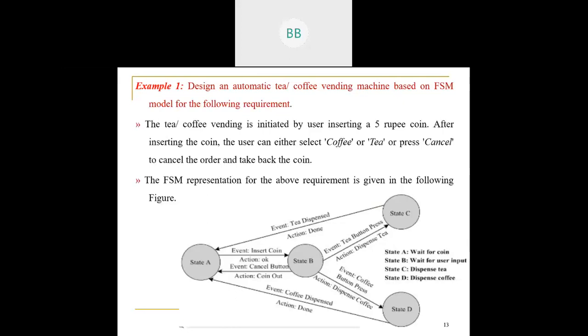If the user presses the cancel button, the coin is pushed out and the system changes from state B to state A. If the user presses the tea or coffee button, then the system makes a transition from state B to either state C or state D, where the coffee or tea is served to the user.